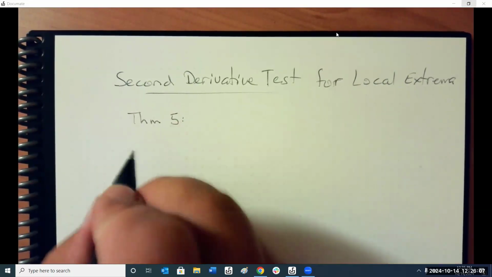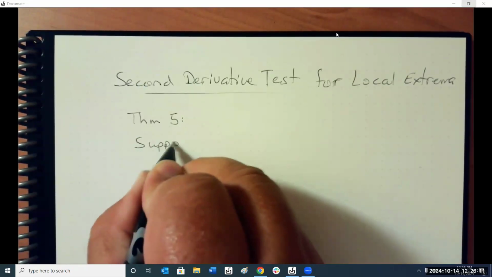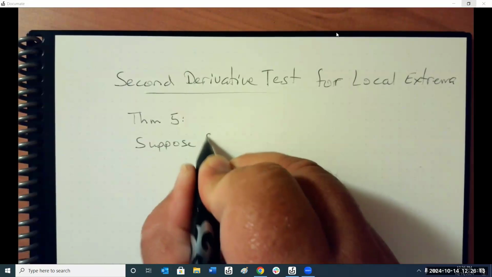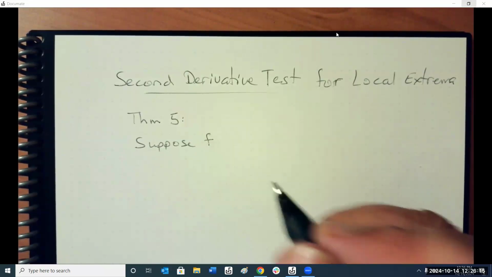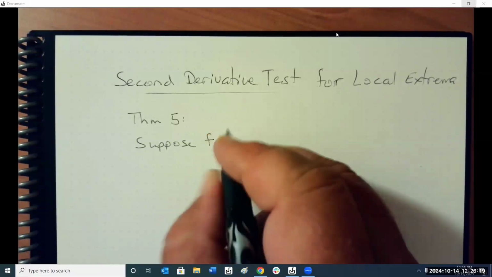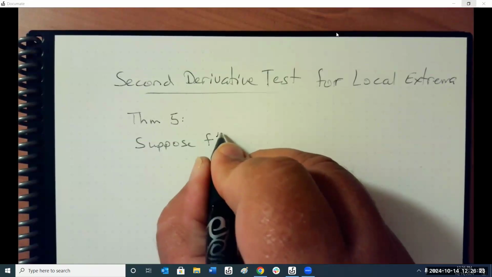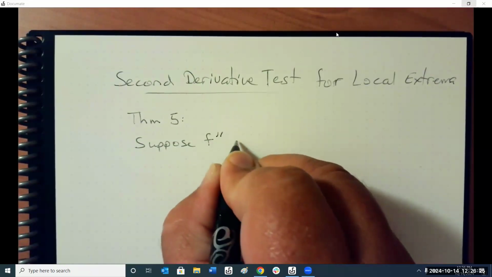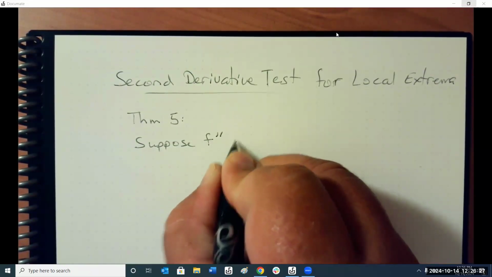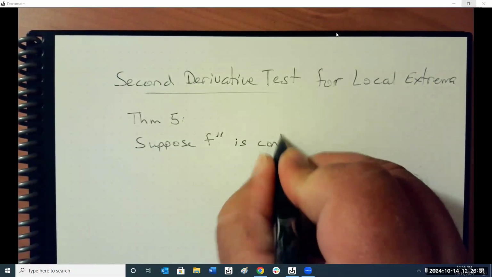That's what that's called. Suppose the function f is continuous, and therefore we need the first derivative and the second derivative to be continuous.